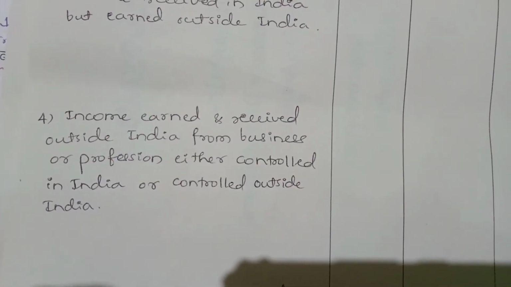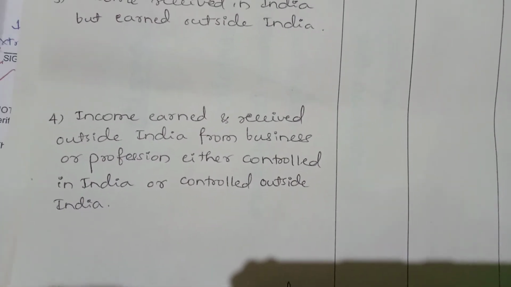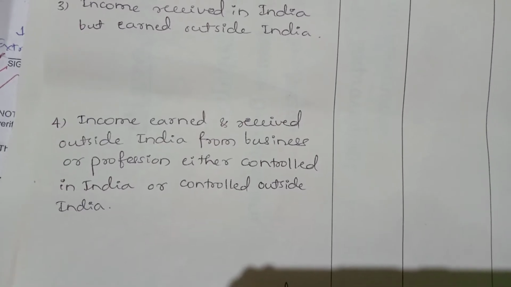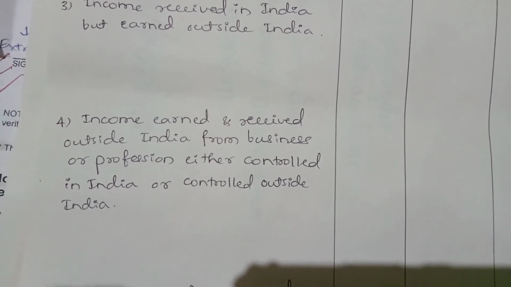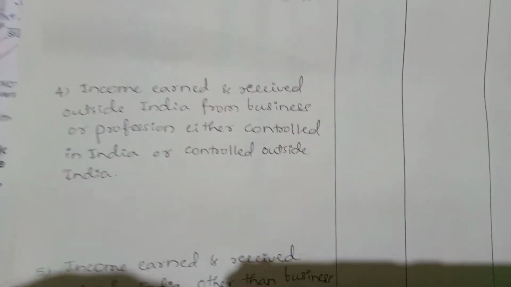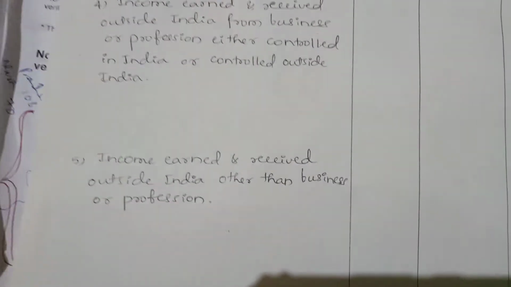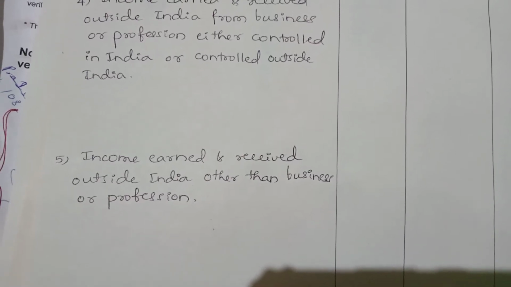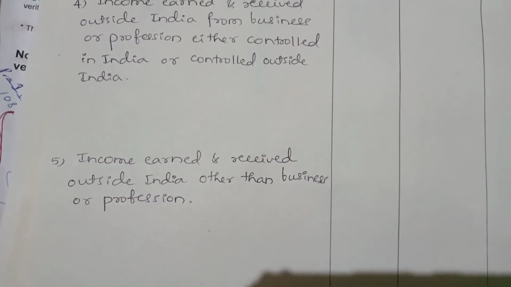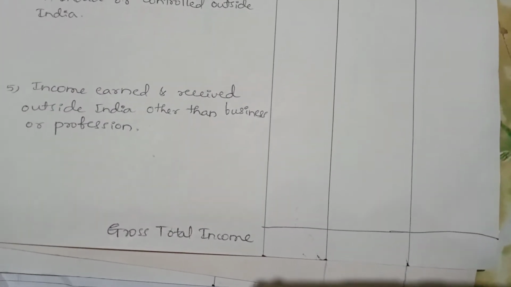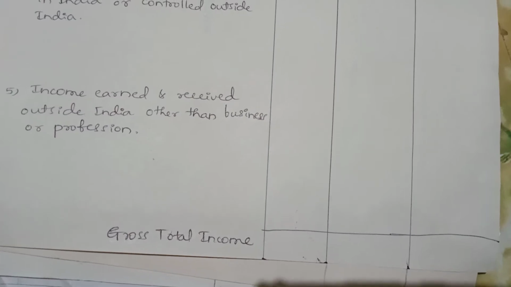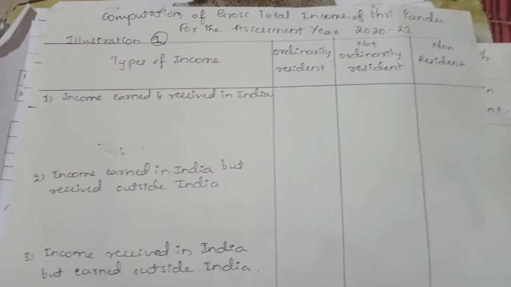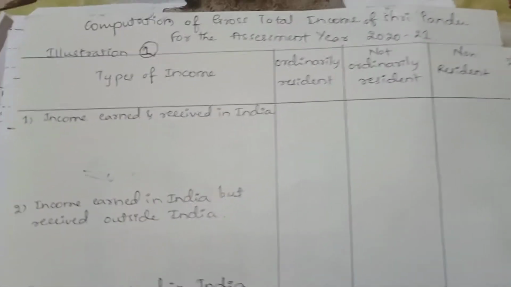Fourth is the income earned and received outside India from business or profession, either controlled in India or controlled outside India. And last is the income earned and received outside India other than business or the profession. At the end you need to take the total as the gross total income. Now you need to prepare your format ready, and let us go through the items one by one.